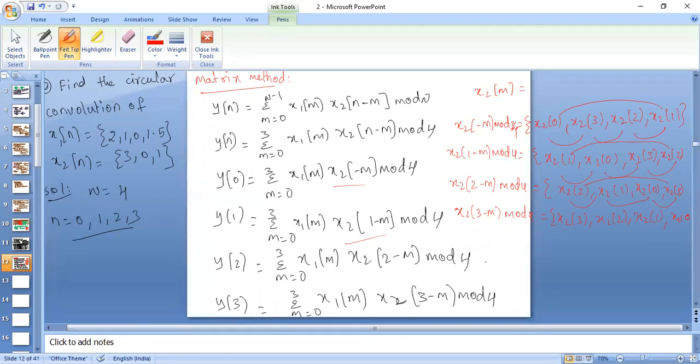Right? So let us arrange all these equations in matrix form. So y of n is equal to, first, please try to represent the coefficients of x2 of minus m in the first row, right?